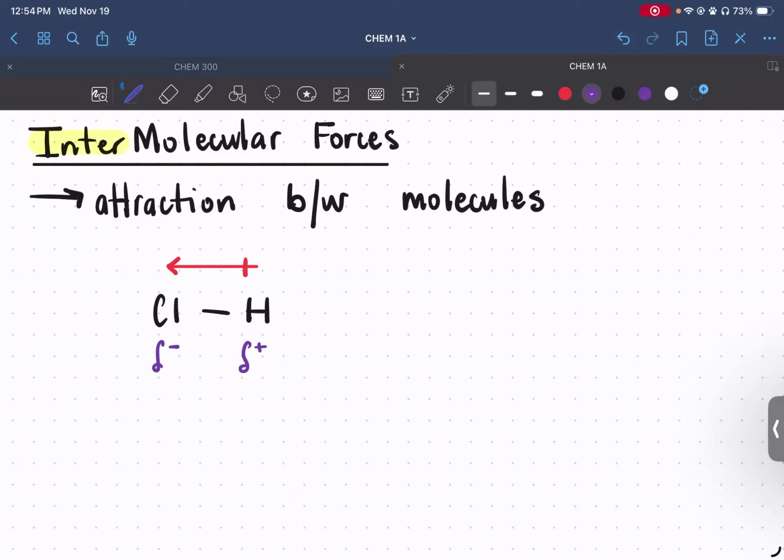But how does this help us understand the inter? Well, intuitively, you should understand that in a liquid or in a solid, it's never just one unit. In fact, you could potentially have another HCl floating around. Why stop there? Let's go even more. Another HCl floating around.